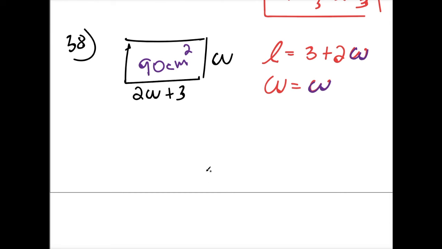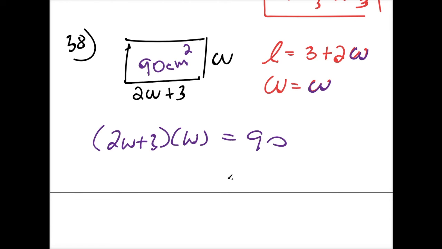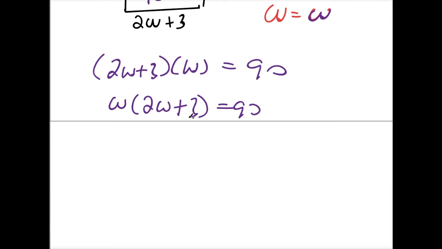Okay, so then we go find the dimensions. No problem, because I know that length times width is area. So 2W plus 3 times W equals 90. I'm going to go (2W plus 3)W equals 90. Then you distribute: 2W squared plus 3W equals 90.